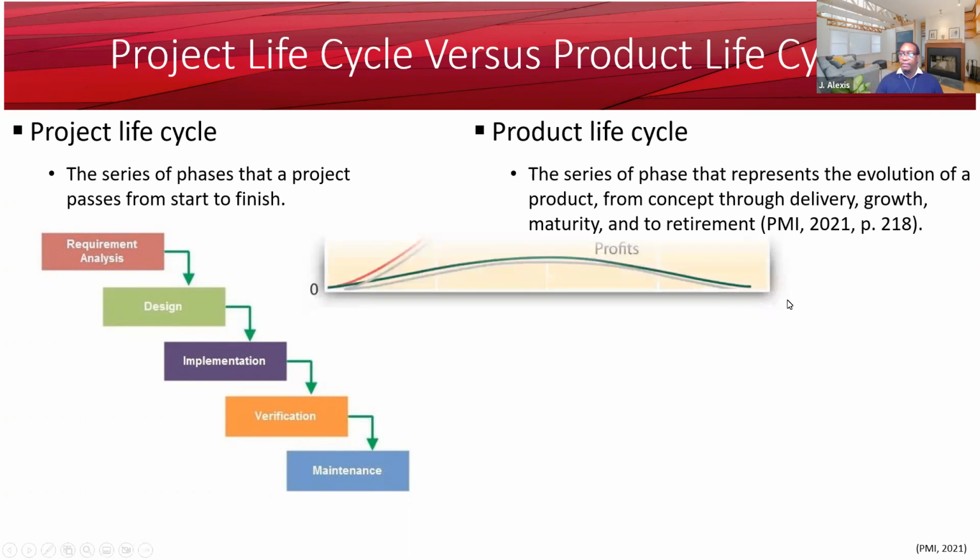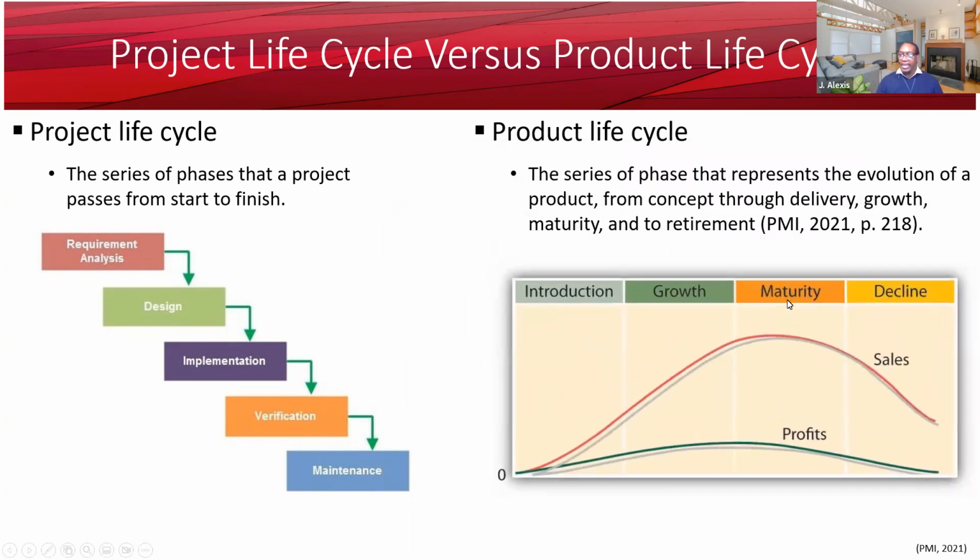So now take a look here. Obviously, research and development is an important phase in the product life cycle. We don't have research and development here, but we have introduction, growth, maturity, and decline. Every product will go through these phases.